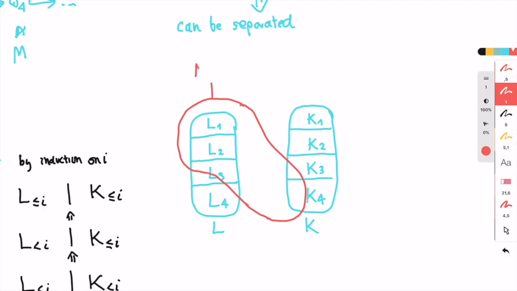It's a language M, which separates L smaller than I from K smaller than I. That's from the induction assumption. Now what I want to do is I want to get rid of K. You see there's this part with K3 that I want to get rid of. So what I'm going to do is I'm going to take the downward closure of K3.